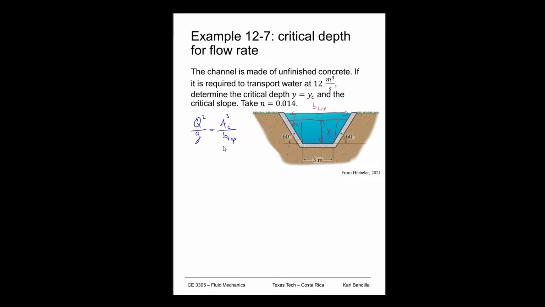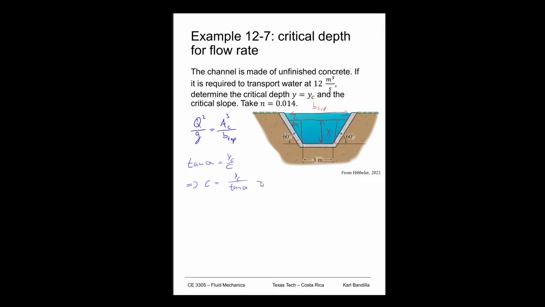We know the height here is y_c and the other leg is C, so the tangent of alpha is equal to y_c over C, the opposite leg over the adjacent leg. We can solve that for C, because that's what we're looking for. So C is y_c over tangent of alpha.